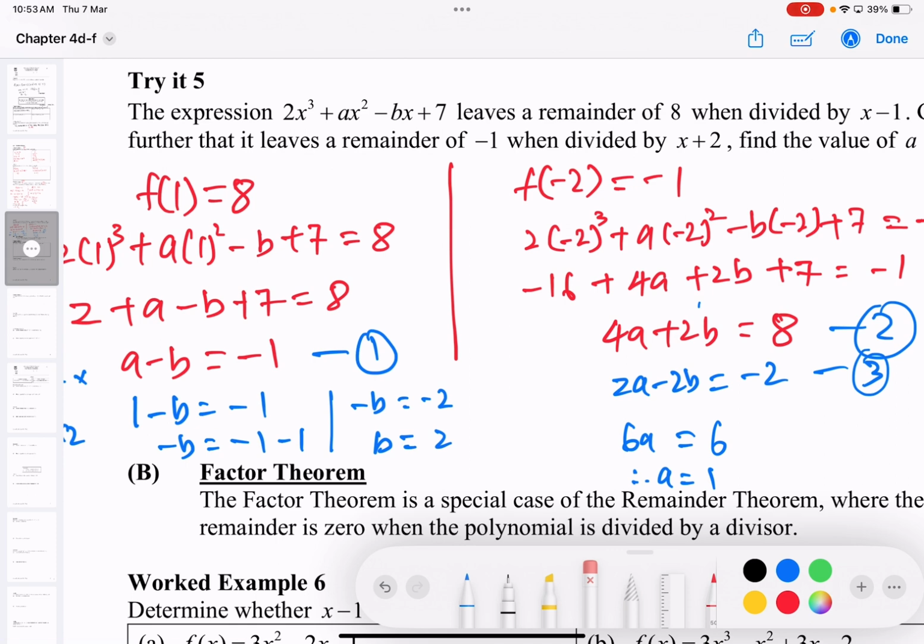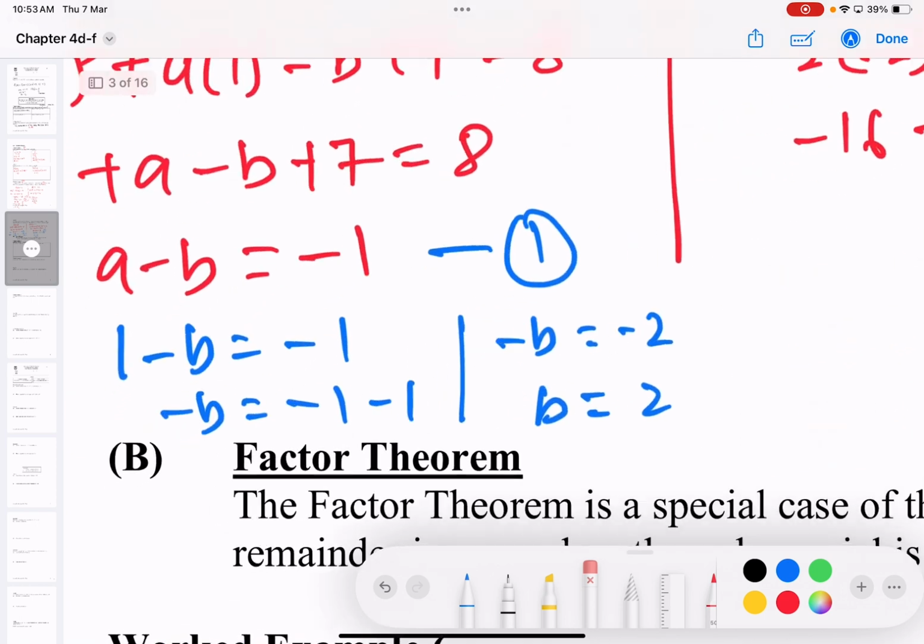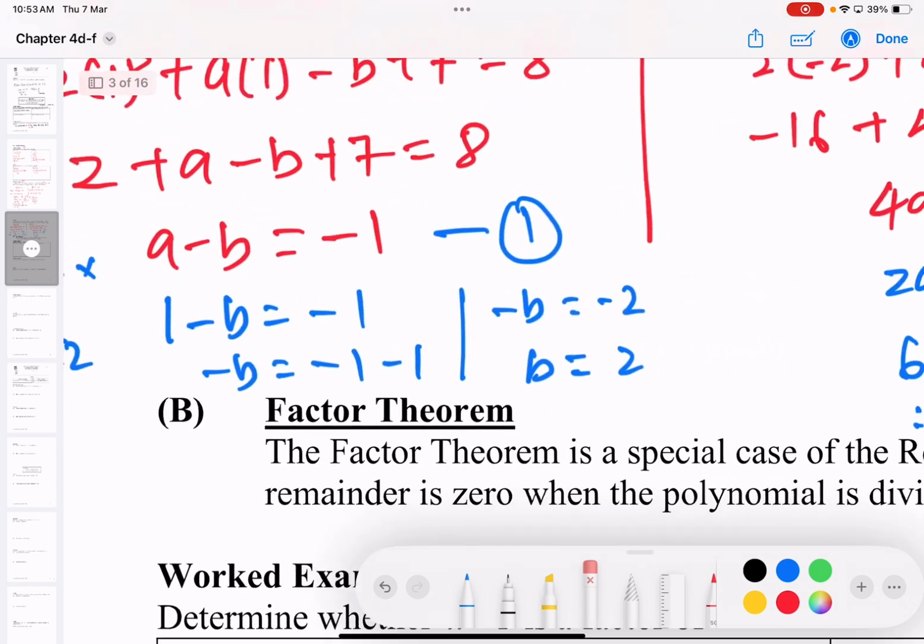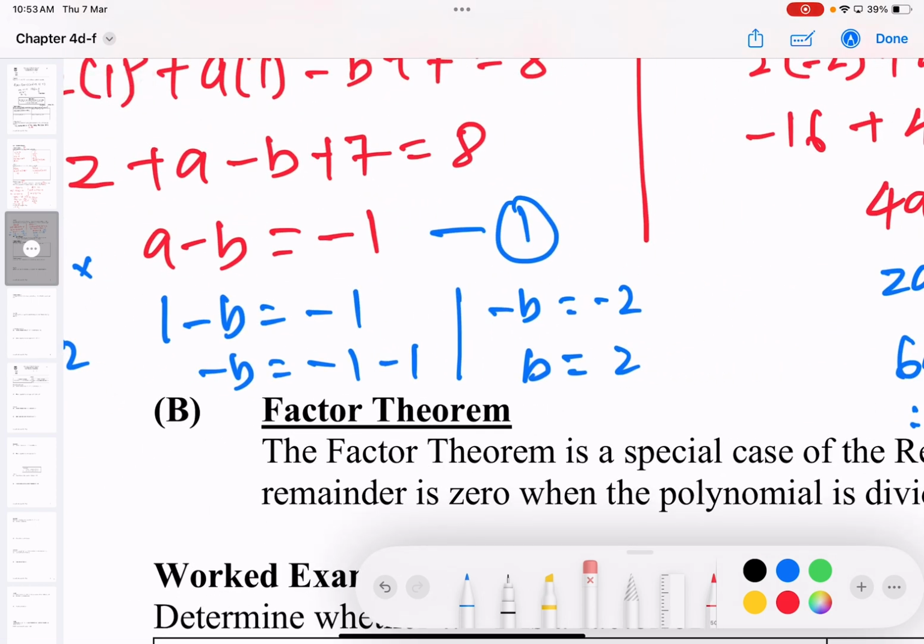So what is partial fraction? What's wrong? Partial fractions? What are partial fractions? What's the whole part? The whole part of equation 1 minus equation 2. Okay, what's equation 2?